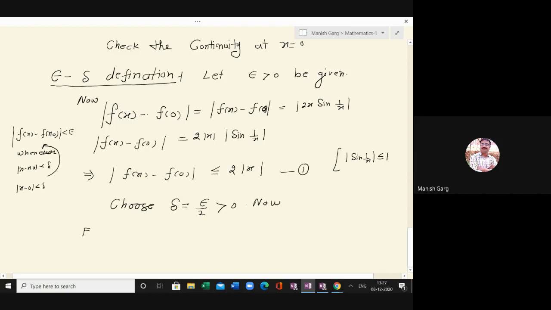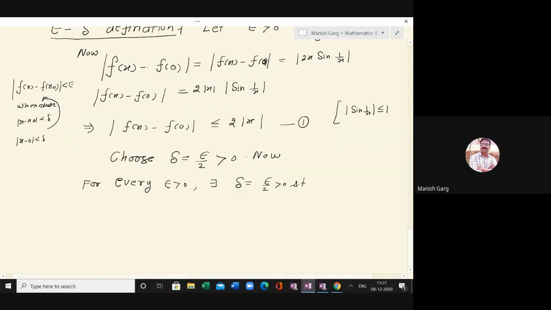Now, whatever your epsilon greater than 0 is, there exists delta equal to epsilon by 2 such that whenever mod x, which is x minus 0, is less than delta, what will be your f x minus f 0? Mod f x minus f 0 is less than or equal to 2 mod x, so this will be less than twice delta, which is equal to epsilon.